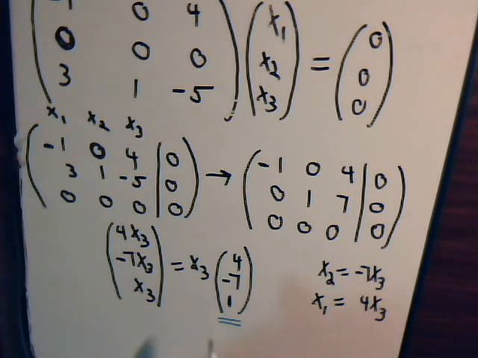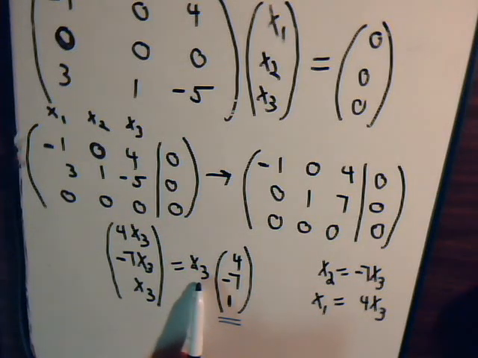This and any constant times this eigenvector will also be an eigenvector. We discussed in the first video that if you have an eigenvector for a matrix, if you multiply that eigenvector by a constant, it's still an eigenvector. And here we can say we can multiply by any constant because x3 is a free variable. It could be 1, 2, or negative 1,000 if we want it to be.